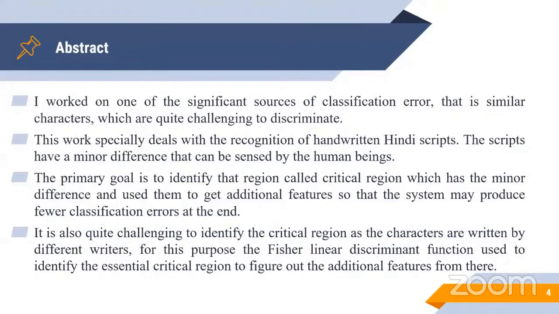This work specially deals with the recognition of handwritten Hindi scripts, and the scripts have minor differences that can be sensed by human beings.